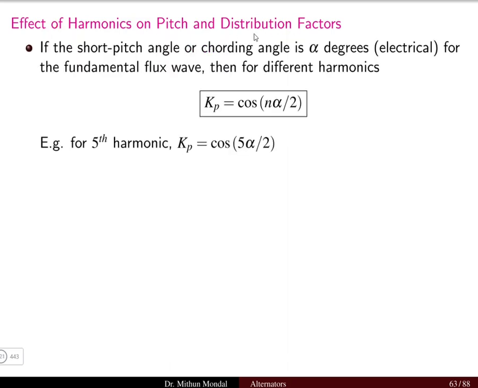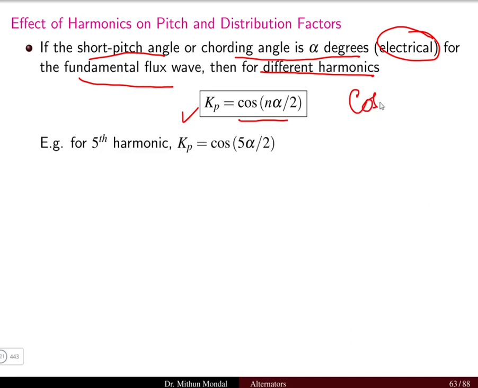Now there is some effect of harmonics. Let us understand the effect of harmonics on the pitch and distribution factors. If the short pitch angle or coil angle is α electrical degrees for the fundamental flux wave, then for different harmonics the value of Kp is given by cos(nα/2).